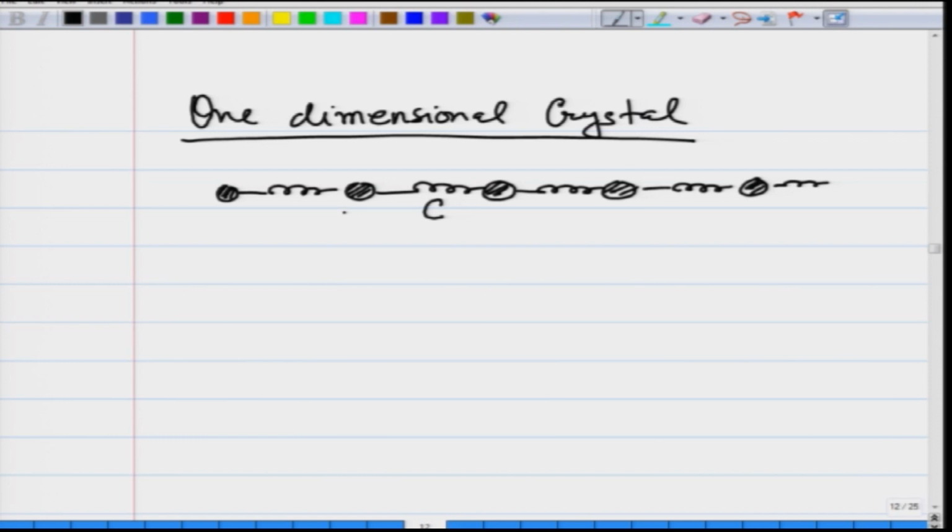Mass of each atom is m, they are all identical atoms, and I disturb one of the atoms either longitudinally or transverse. So, I can have two kinds of motions for this.